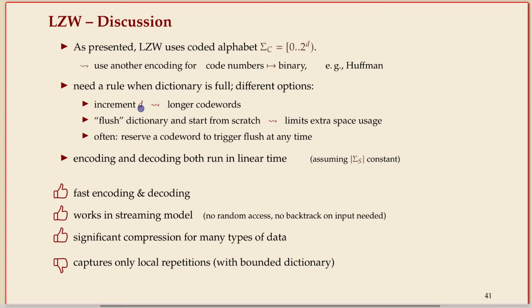And even if you keep increasing your dictionary, you will be able to reach all the way back to find repetitions, but you make all code words one bit longer, which may not be a good deal in all cases. So then you can play more tricks like the first bullet: take these code words that come out and try to compress them further with some other technique like a Huffman code.